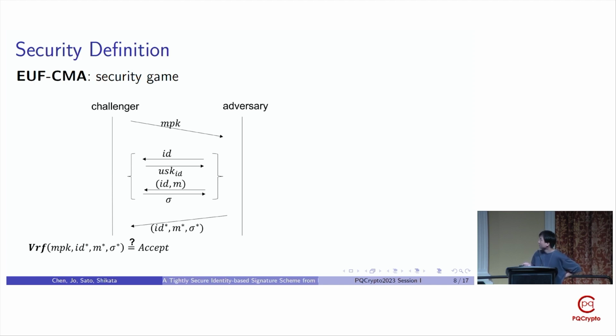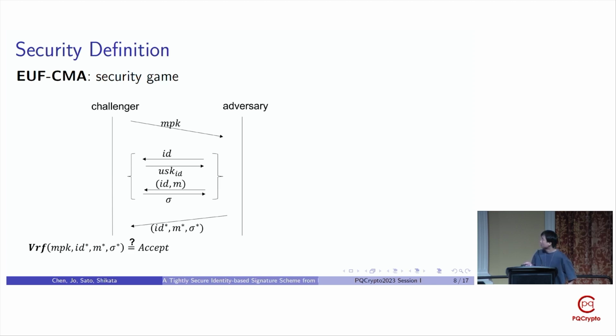The challenger first generates a master key pair and sends the master public key to the adversary. Then the adversary is given two kinds of oracle, the extract oracle and the sign oracle. In the extract oracle, inputting an ID, the user secret key of that ID is returned to the adversary.